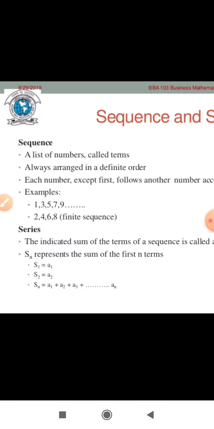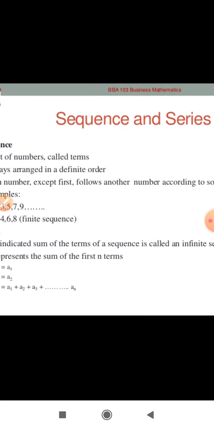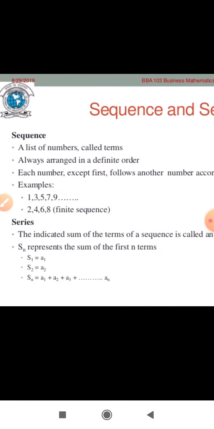Sequence: a list of numbers called terms, always arranged in a definite order. Each number except the first follows another number according to some rule. Example: 1, 3, 5, 7, and so on.